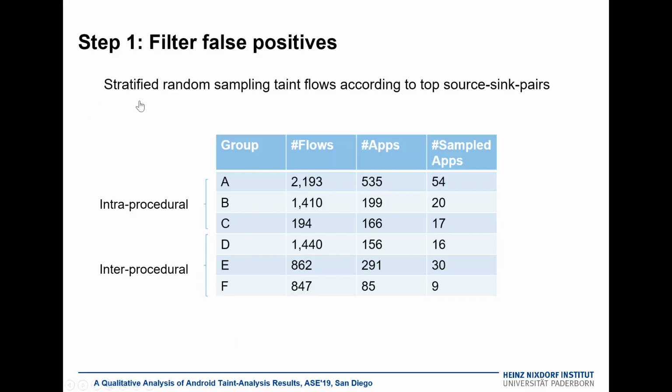We applied stratified random sampling by dividing the taint flows into groups according to the source-sink pair appearing in each taint flow. This table shows you the top 3 groups of intraprocedural and interprocedural taint flows respectively. In each group, we sampled 10% of the apps which contain the taint flows with the respective source-sink pair.